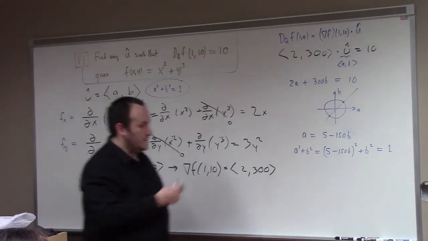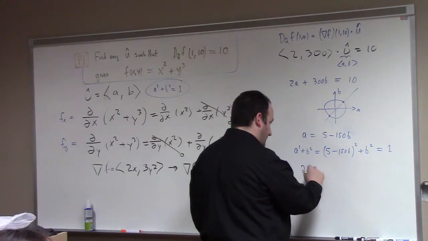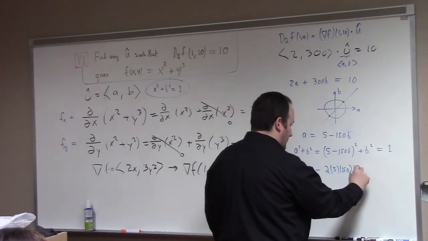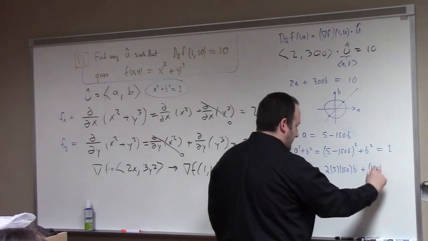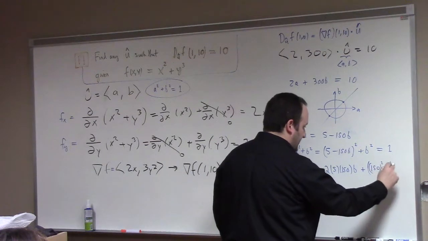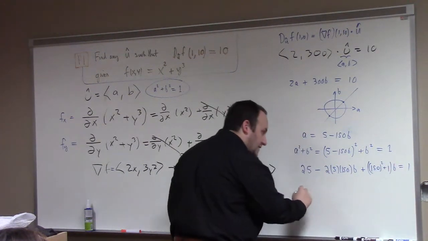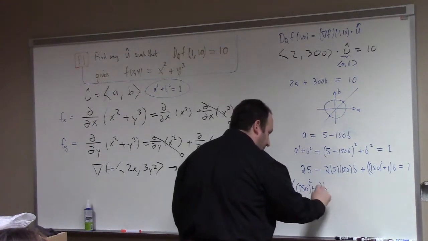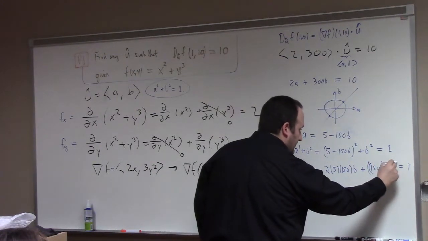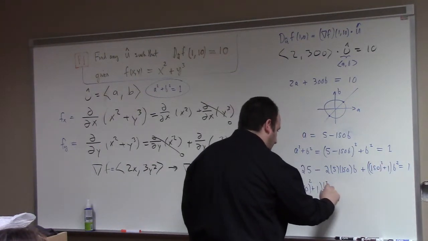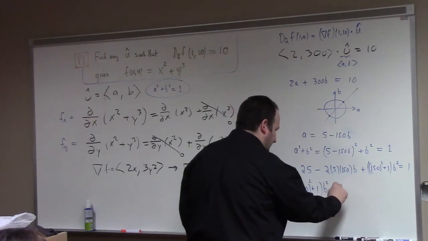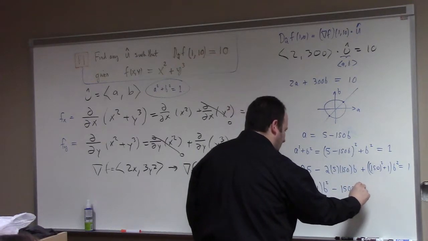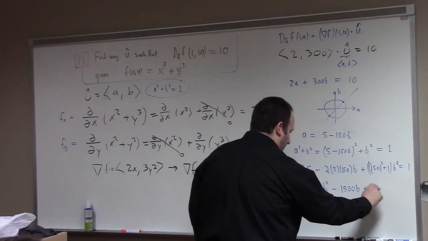Work that out. So what do we got? We've got 25 minus 2 times 5 times 150b plus (150 squared plus 1) times b squared equals 1. So what I got here is (150 squared plus 1) times b squared, minus 1,500b, because 10 times 150 is 1,500, plus 24 equal to 0.